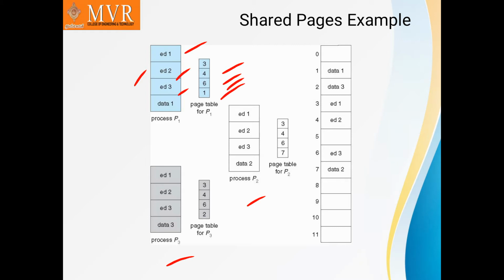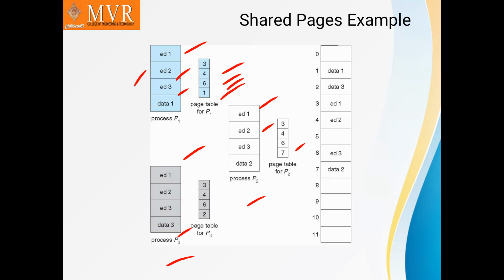Process 2 has edition 1, edition 2, edition 3 and data 2, and the page table of P2 is 3, 4, 6, 7. Process 3 has edition 1, edition 2, edition 3 and data 3, and its page table is 3, 4, 6, 2.